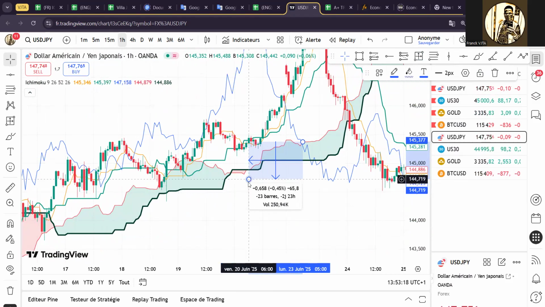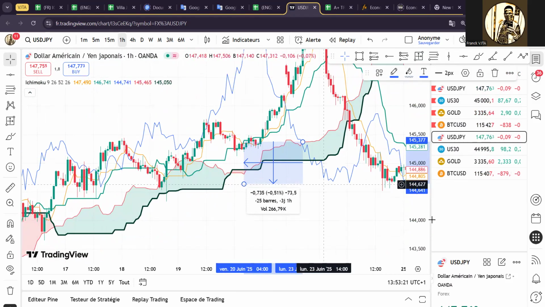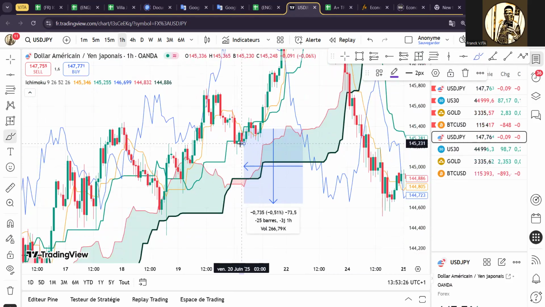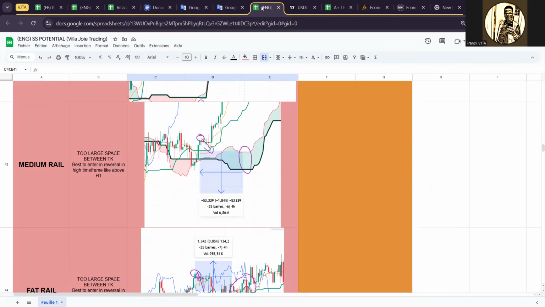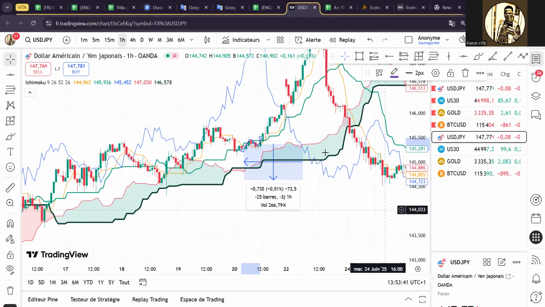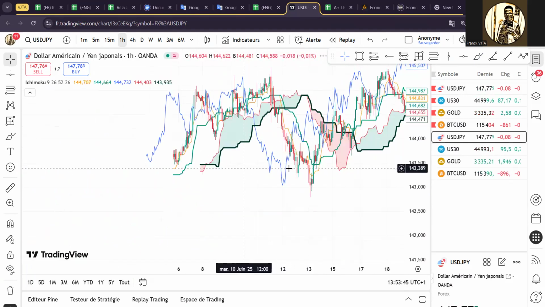From here, up, down. That's what the rail created. Okay, that's a medium rail. Like this one is a rail that will make the trend continue. But there are some rails that make the trend reverse.